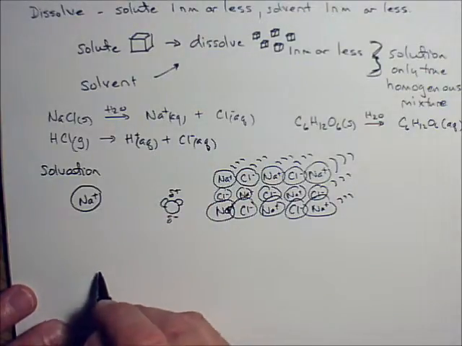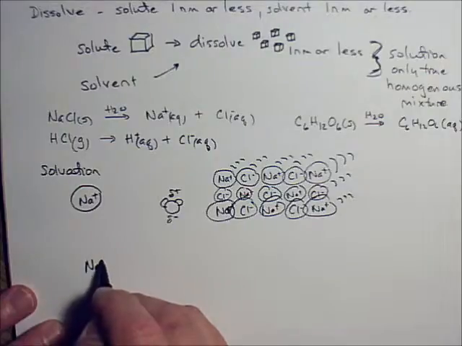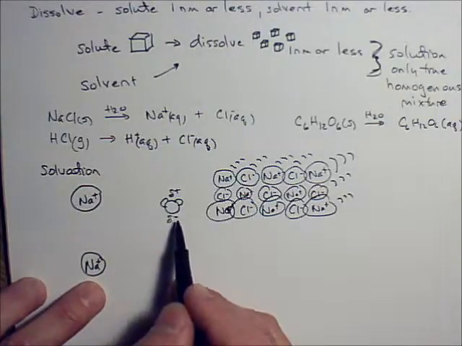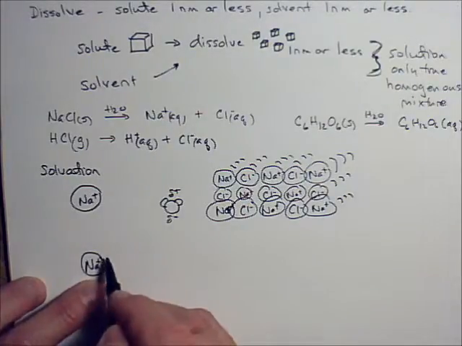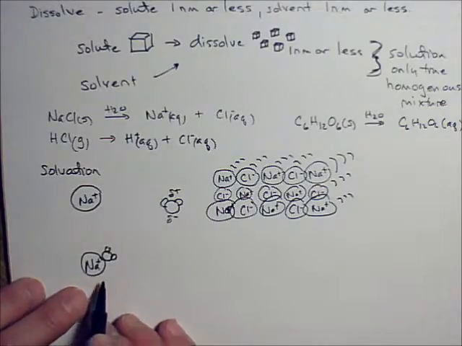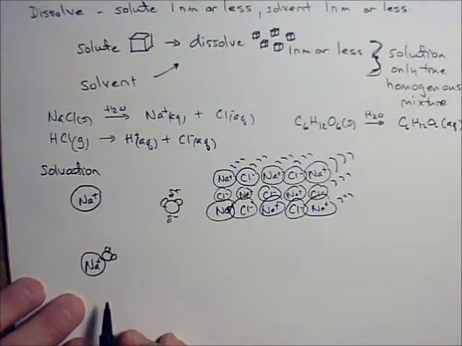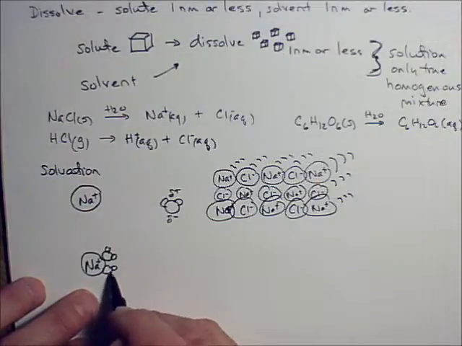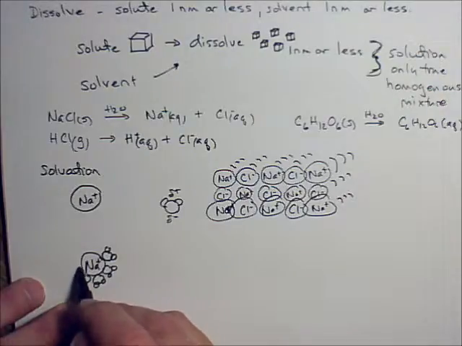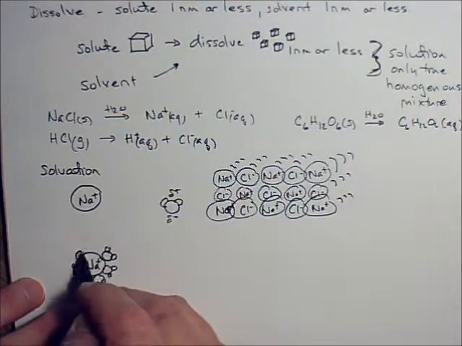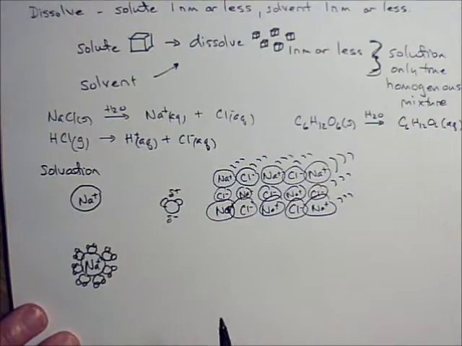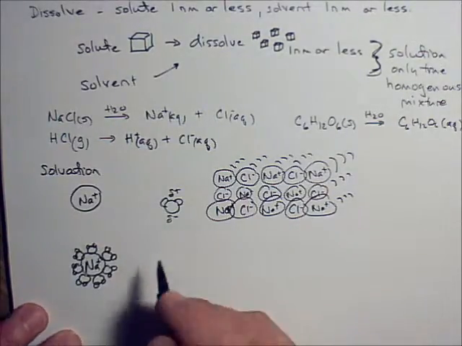And what happens is these water molecules arrange themselves so the oppositely charged end, the partially negative end, is joined up or forms a kind of shell or bubble around the sodium. Now I can only draw it here in 2 dimensions, but if you'll please try to imagine that these water molecules are all the way around it in 3 dimensions, forming a kind of skin or shell around the sodium.